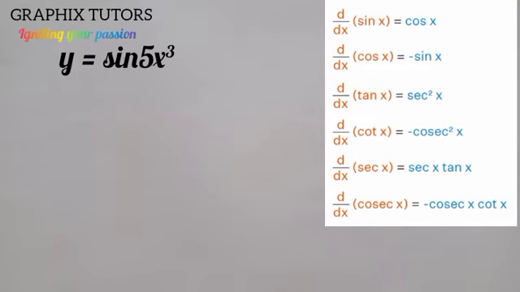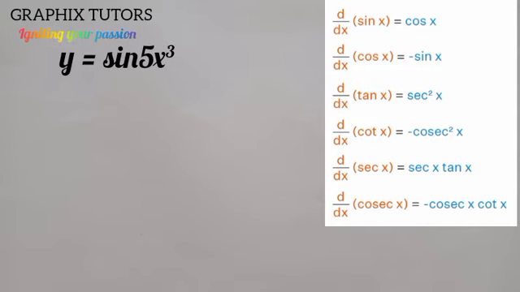Before we jump into the solution, I need to give you a quick reminder of the derivatives of some specific trig functions. If you look at the top right corner of your screen, they are displayed there. The derivative of sine x is cos x. When you differentiate cos x, you have minus sine x.